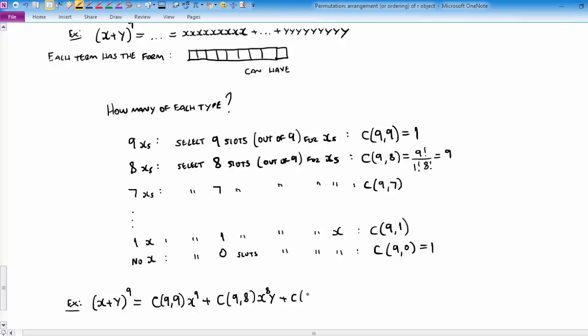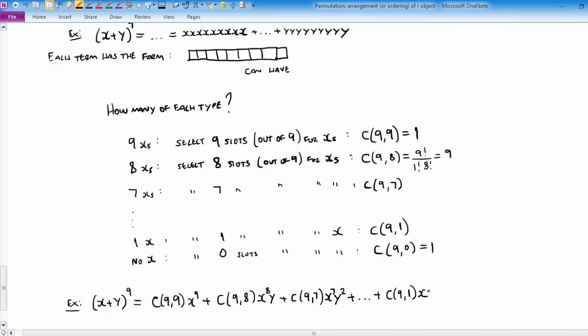And C(9,7). There are that number of terms with 7 x's. If those terms have 7 x's, then each one of them has 2 y's. And this goes all the way down to 1 x, so there's C(9,1) terms with 1 x.